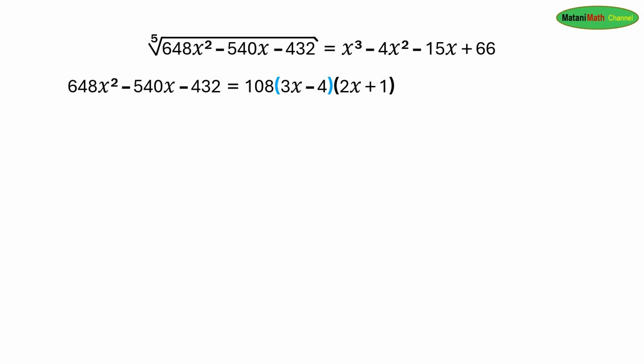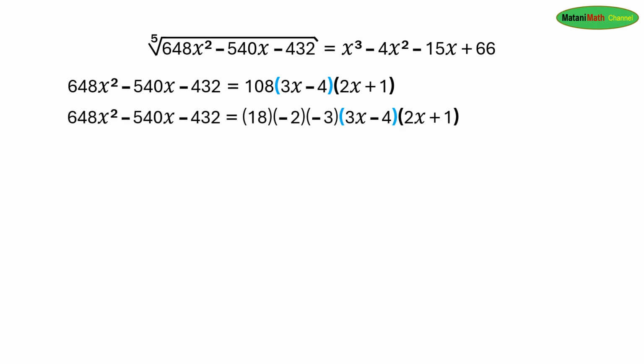648x squared minus 540x minus 432 equal to 108 times 3x minus 4 times 2x plus 1, equal to 18 times minus 2 times minus 3 times 3x minus 4 times 2x plus 1.